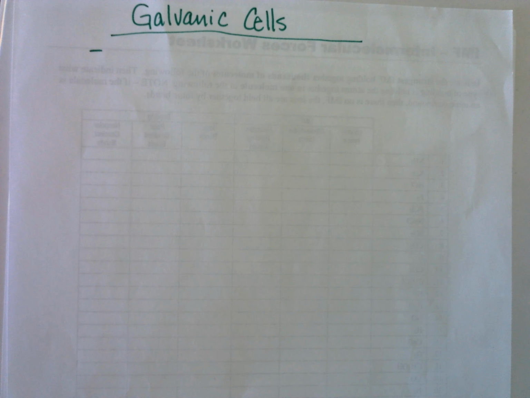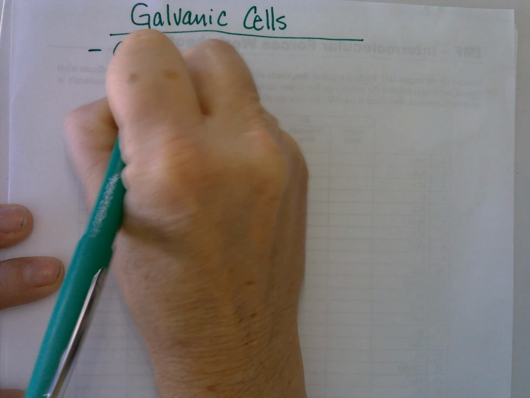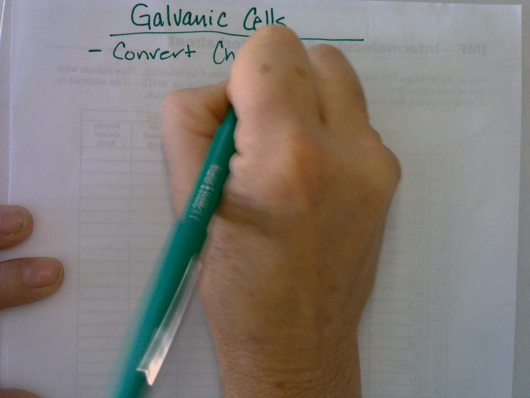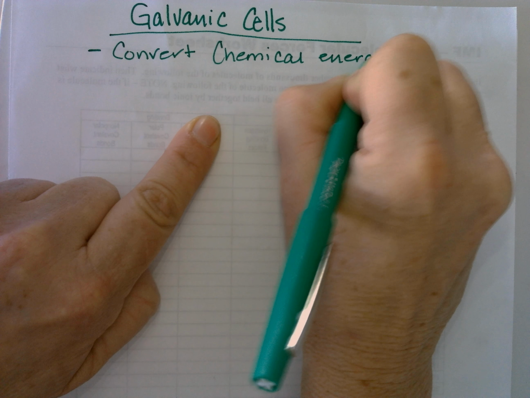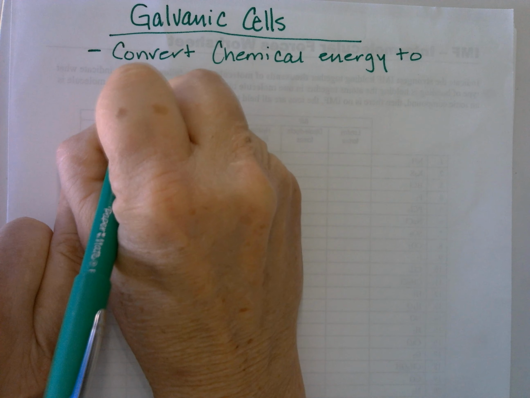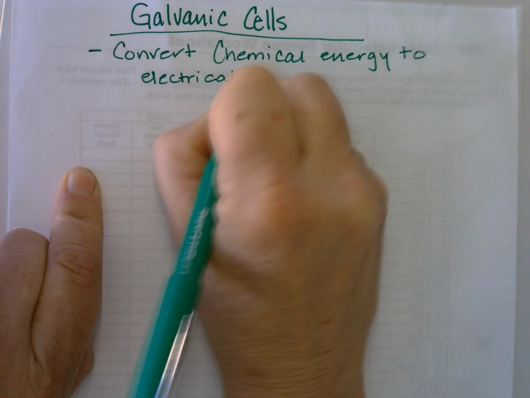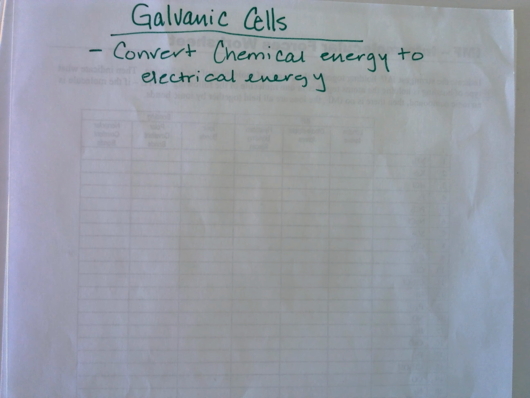So we're going to do galvanic cells. First of all, it's important to note that galvanic cells convert chemical energy to electrical energy.